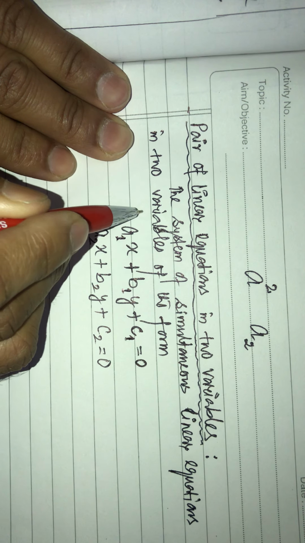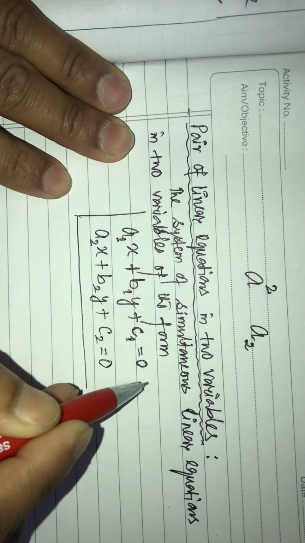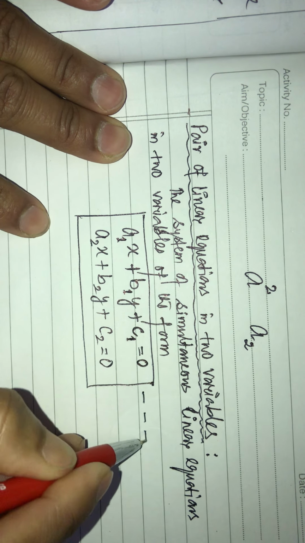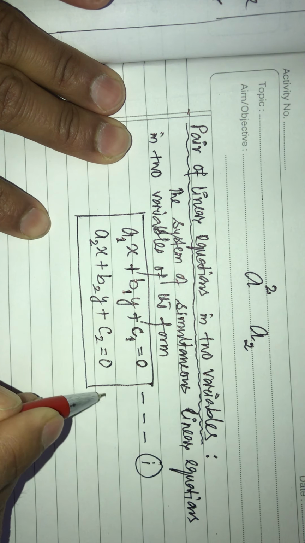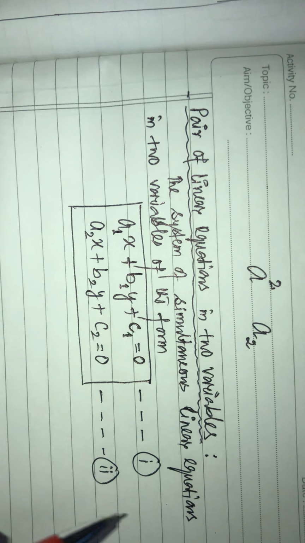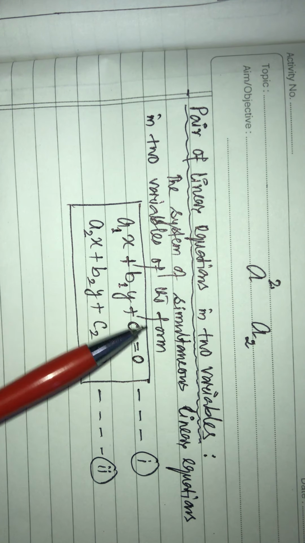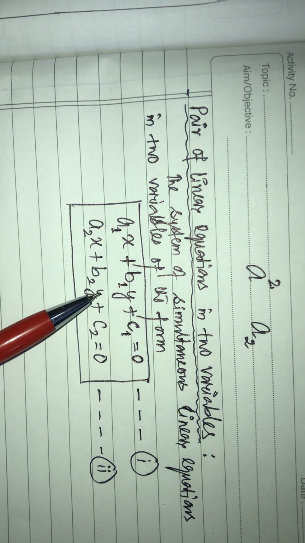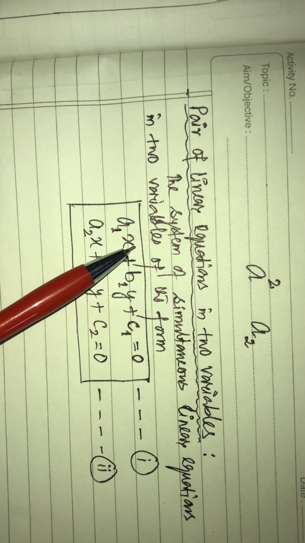So if you see, I got equation 1 and equation 2. Both are linear equations in two variables, because the power of the variables x and y is 1.